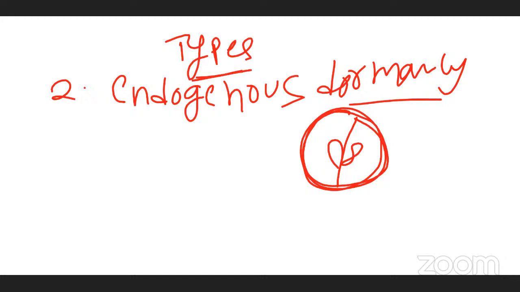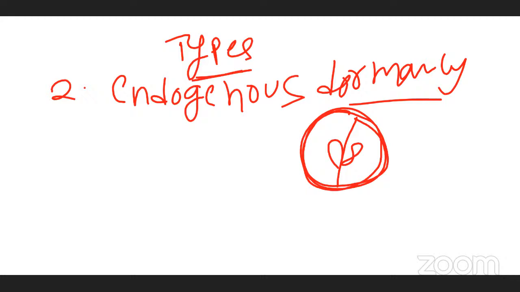But when you try planting in appropriate soil with adequate temperature and water, it does not germinate, because all of these are available and the seed coat is also clear. There is no chemical restriction, but there is no proper embryo, an immature embryo. In this situation also, it goes under the dormancy period.